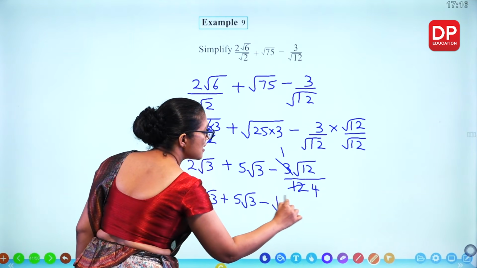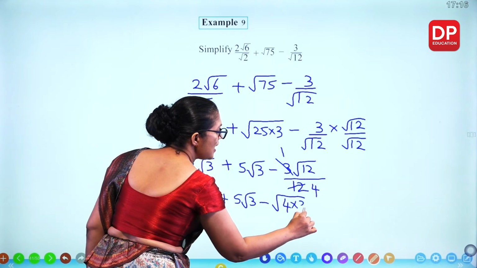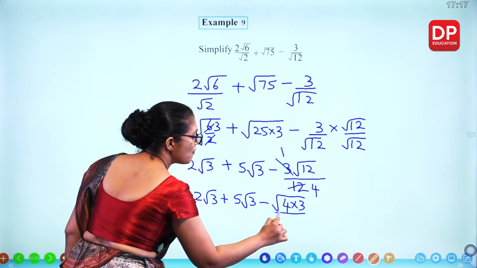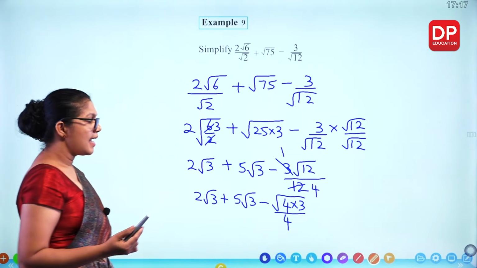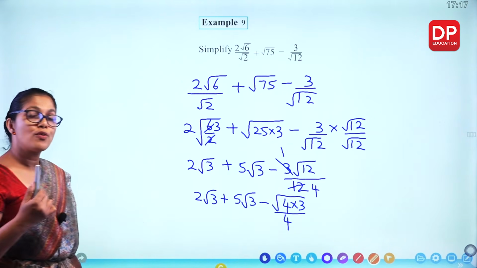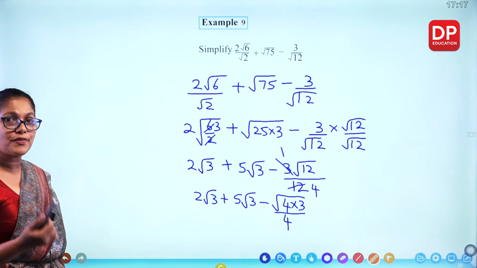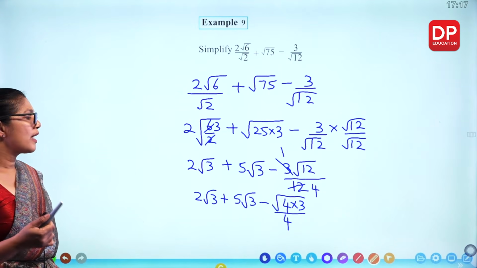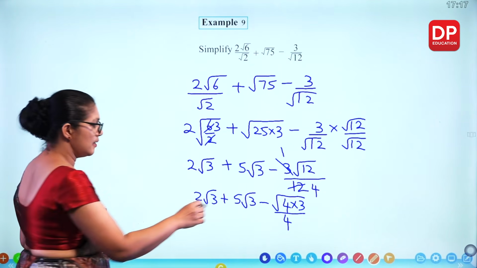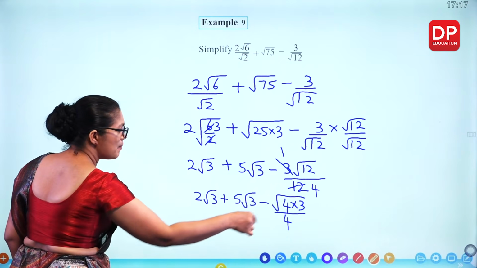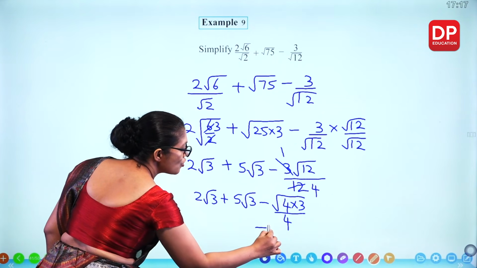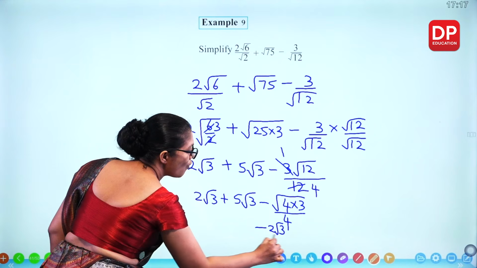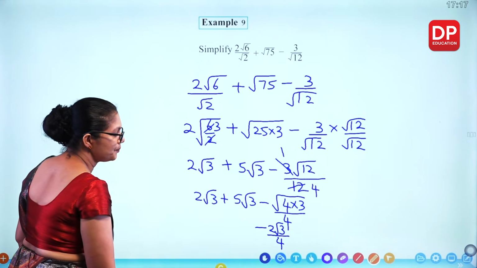So here again I can simplify as root 4 times root 3. So what is root 4? You get 2. So when I simplify this, I get 2 root 3 over 4.